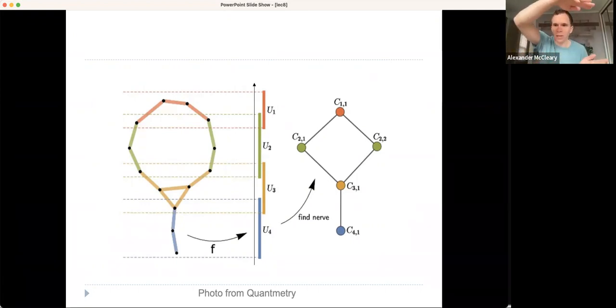We're just basically projecting horizontally onto the real line. So in this case, f is just the height function, sort of. It takes each point to its height. We're just mapping horizontally. Okay, and so the first step is we're going to choose a cover for the range of this function. So that's what these U1, U2, U3, U4 are. They together cover the range of f.